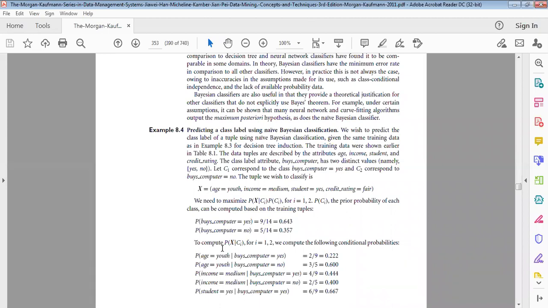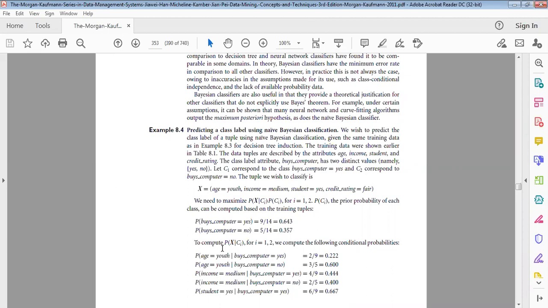P(buys computer = yes) is 0.6, and P(buys computer = no) is 0.3. If the age is youth and buys computer is yes, it is 2 percent. If the age is youth and buys computer is no, it is 6 percent.